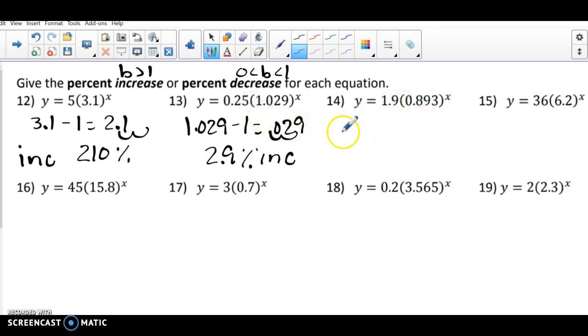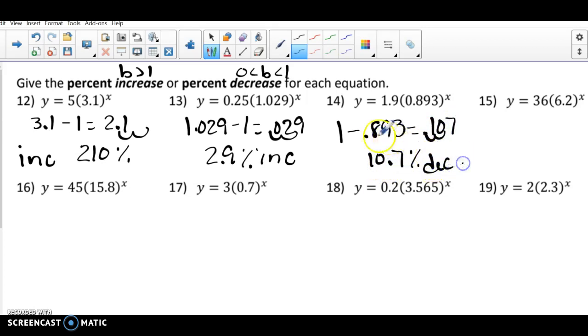This is less than 1, so I say 1 minus 0.893, and that gives me 0.107. Move it 2 places, so that's 10.7% decrease because it was less than 1.